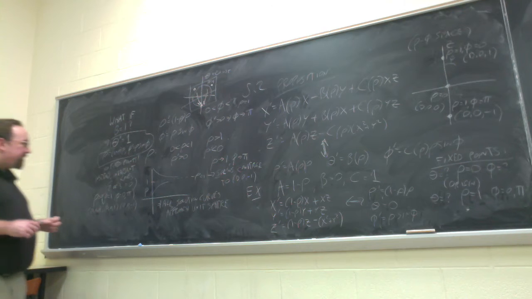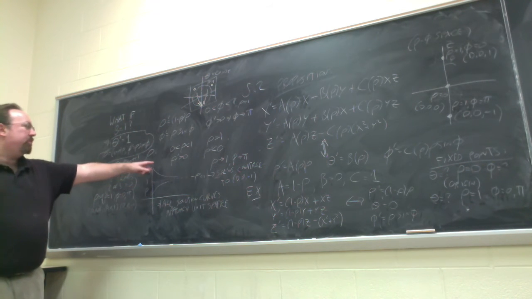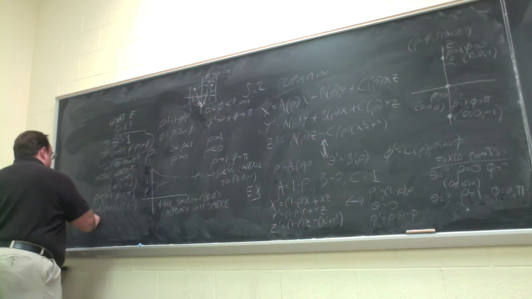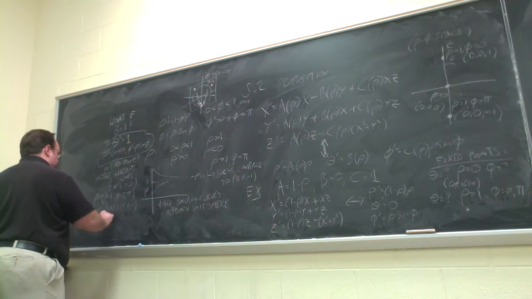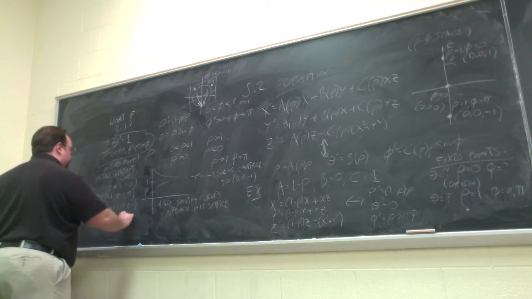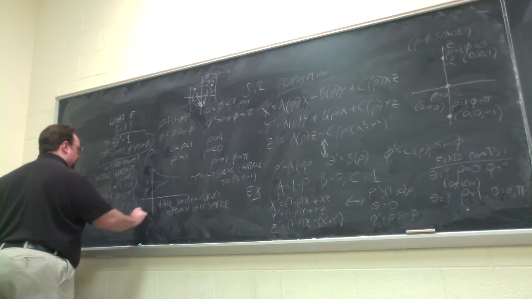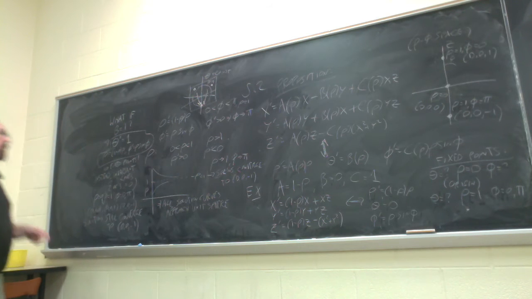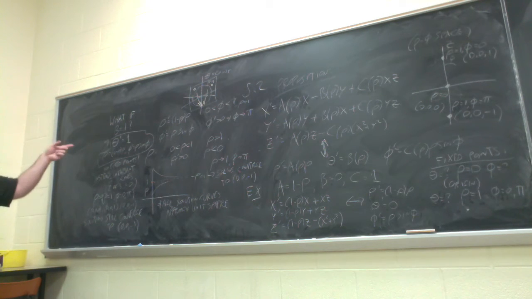So if you were to do the same kind of analysis with what happens to rho prime and phi prime, you would find the same thing, that solutions still converge to a point at the bottom, 0, 0, minus 1. However, the fact that theta prime is now equal to 1 rather than 0 does not affect the final result. They still converge to that point. But it does have an effect, because theta prime is equal to 1.